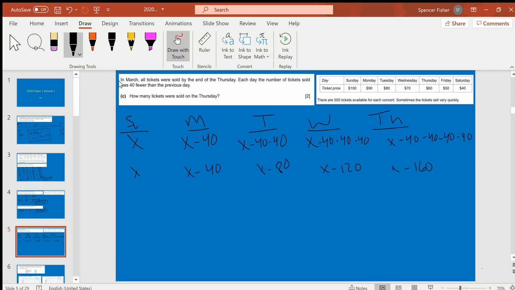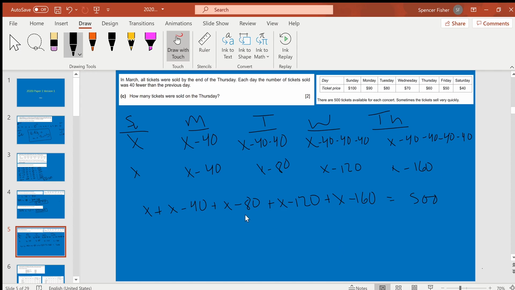Now we know that altogether all of these values are supposed to add up to a particular number, that number being 500. So what we can do is we could take that X plus X minus 40 plus X minus 80 plus X minus 120 plus X minus 160, and all of that together equals 500.